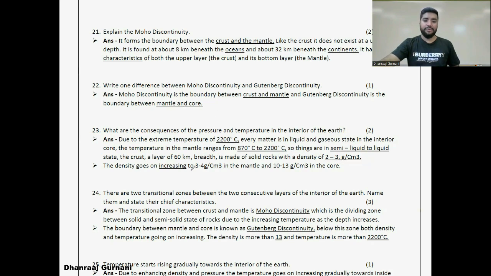And the density goes on increasing, from 2 to 3 in the crust to 3 to 4 in the mantle and 10 to 13 in the core. So revising the density: in the crust, which is the outermost, it is 2 to 3. The mantle becomes 3 to 4, and the core will become 10 to 13 grams per cubic centimeter.